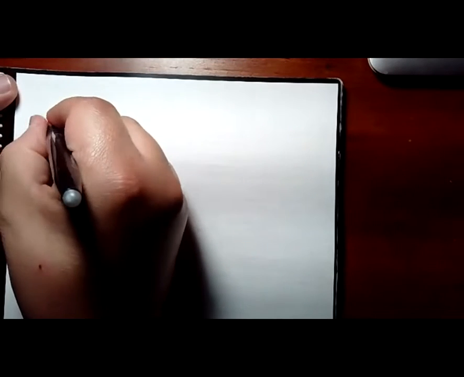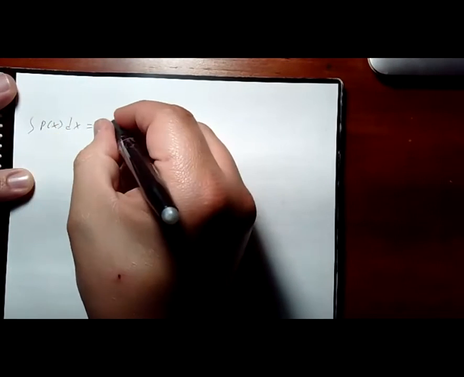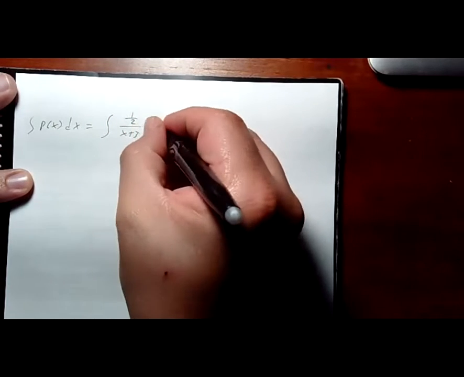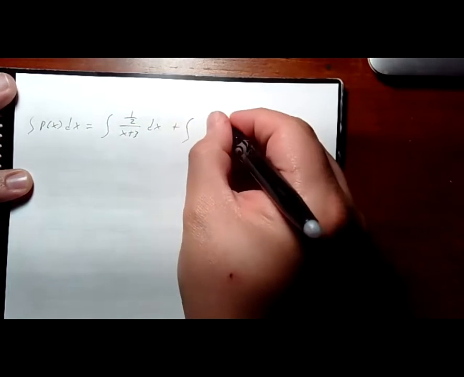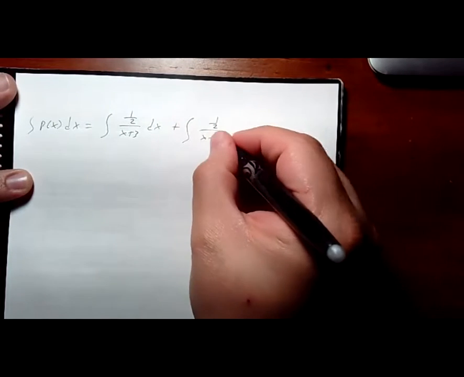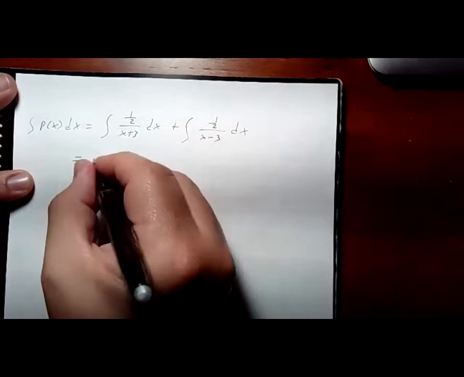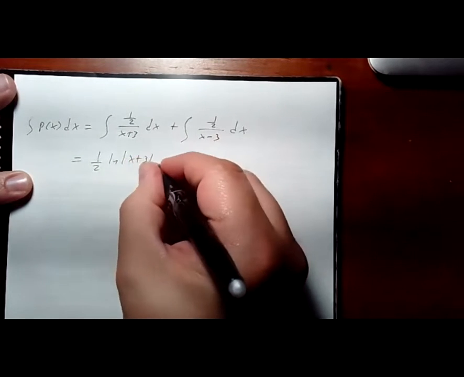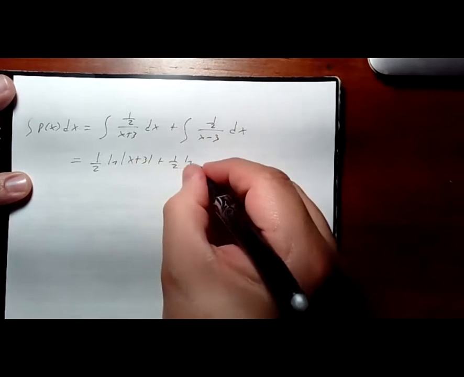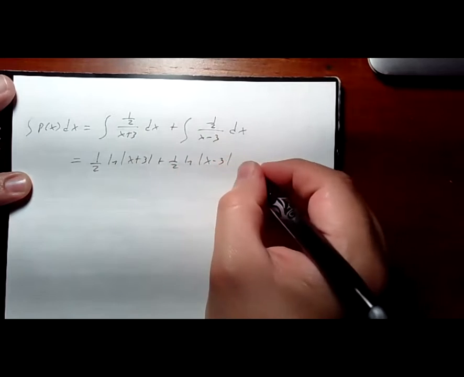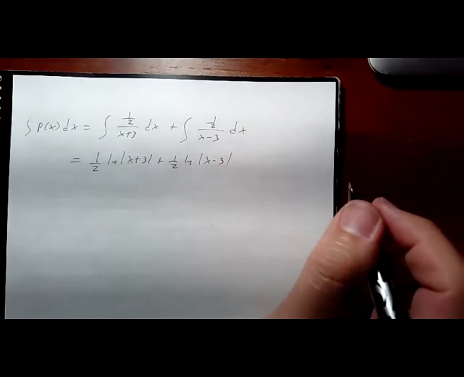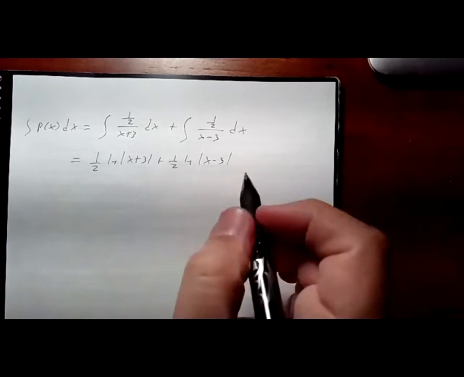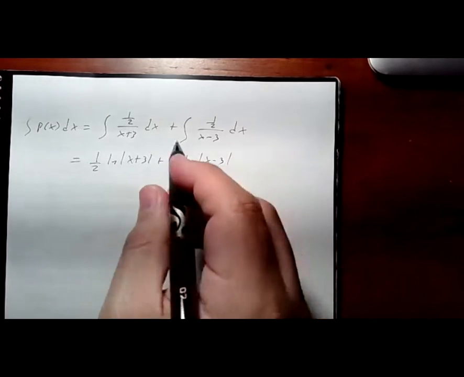So I have the integral of p of x dx equal to the integral of 1/2 over x plus 3, plus the integral of 1/2 over x minus 3, which will give us 1/2 ln|x plus 3| plus 1/2 ln|x minus 3|. Let's go ahead and combine that.